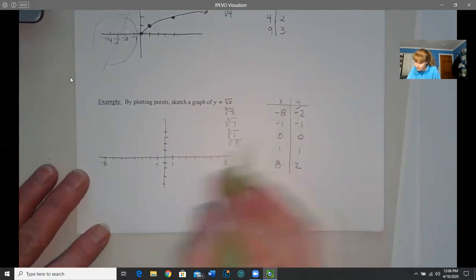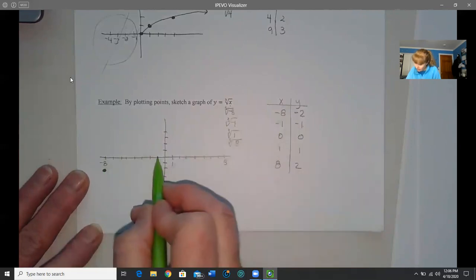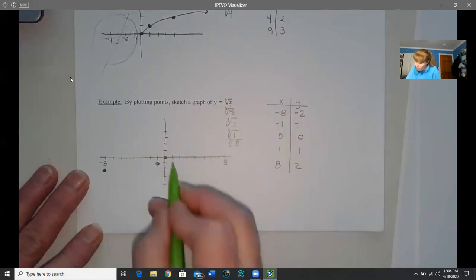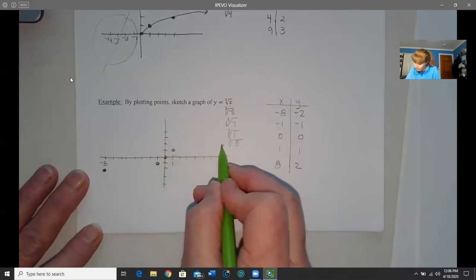So if we plot these, -8, -2, -1, -1, 0, 0, 1, 1, 8, 2.